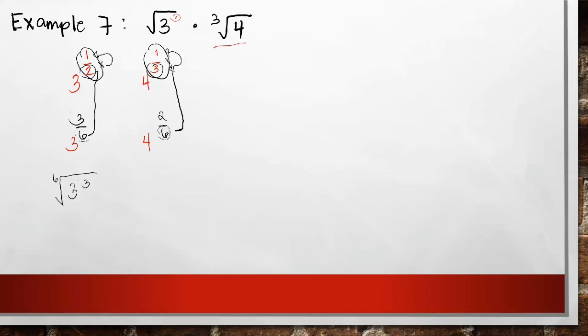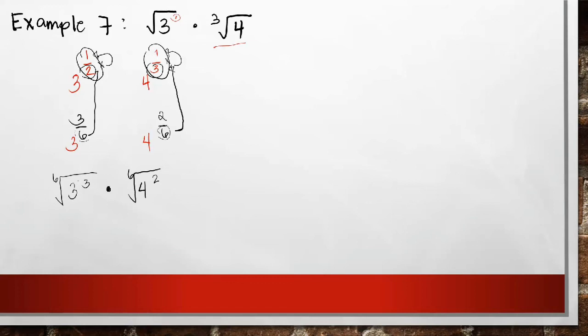Now let's proceed with the second. We have the radicand 4, exponent of 2, and the index of 6. Now they have the same index. What we are going to do next is simplify our radical expression. So let's have the product.